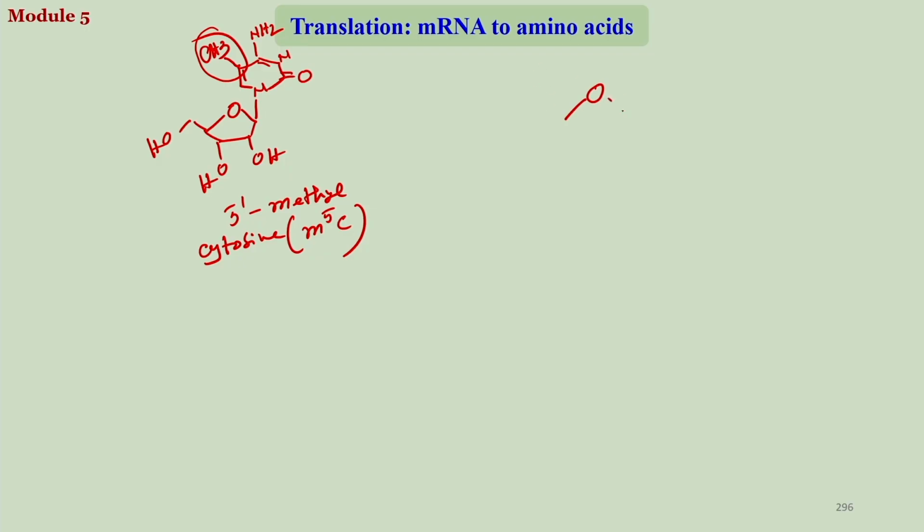Now the guanine part. So here is N, double bond, this is N, double bond, CO, NH, amine with a double bond, and there is nitrogen here.